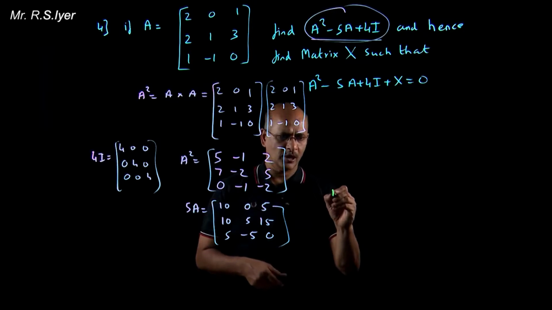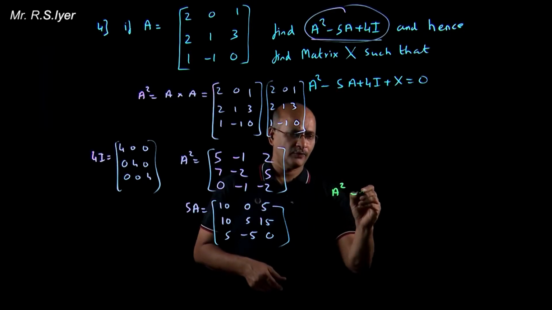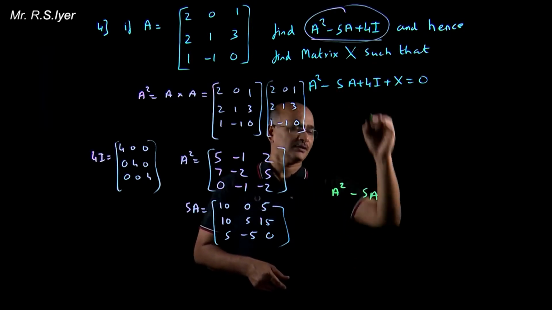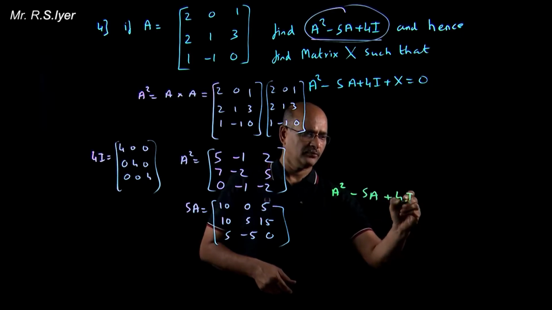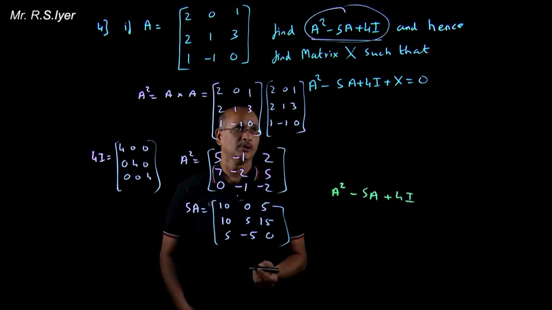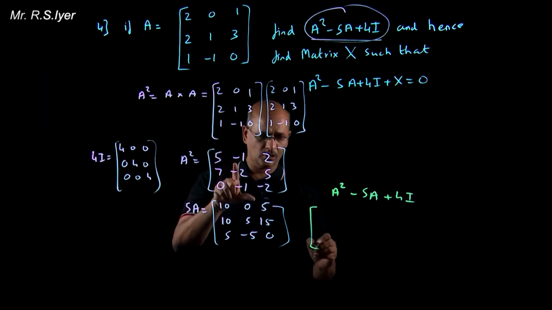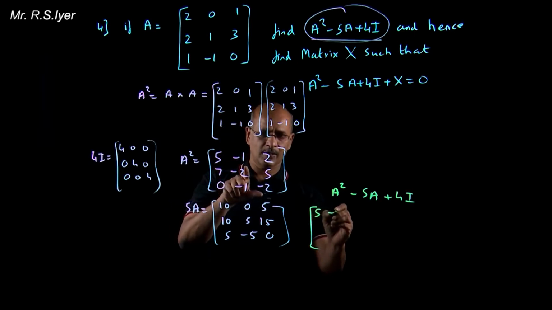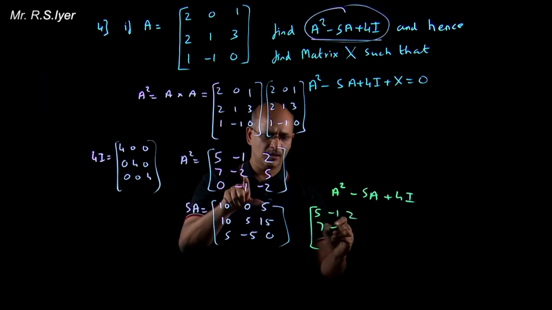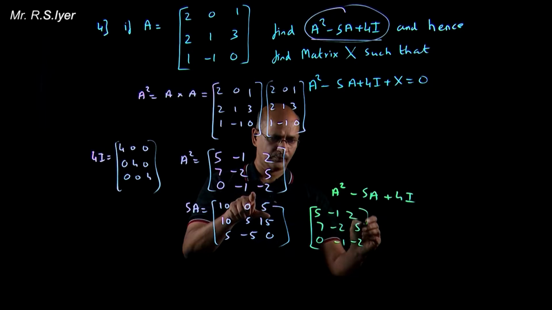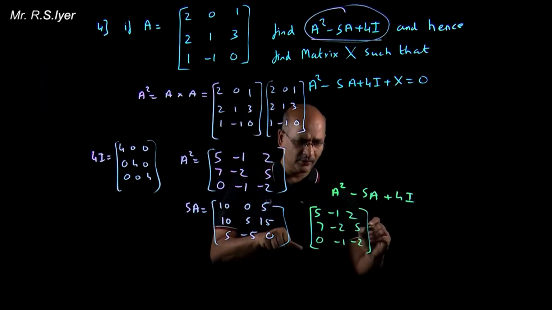So this will be A square minus 5A plus 4I. Please check on with this particular part. Now A square, I already got it here, so I'll just put across here. This is 5 minus 1 2, 7 minus 2 5, and 0 minus 1 minus 2, right, minus 5A.